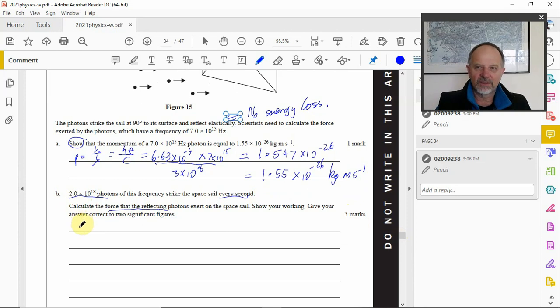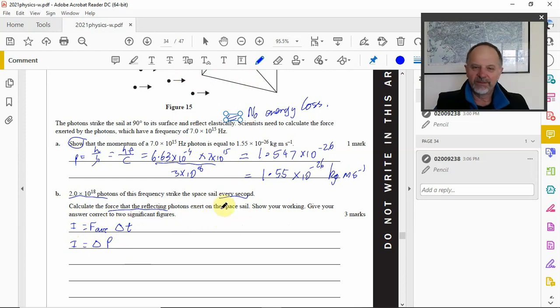We've got impulse, because they strike the screen, so there's an impulse. So impulse is the average force over the time. Now the time we've got here is every second, average force. Now also impulse is change in momentum. So what is the change in momentum? All right, so these things are reflecting, so they're coming in and then they're reflecting back.